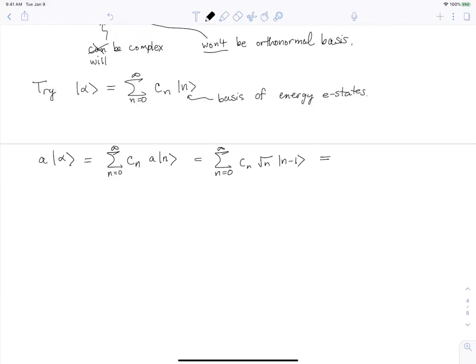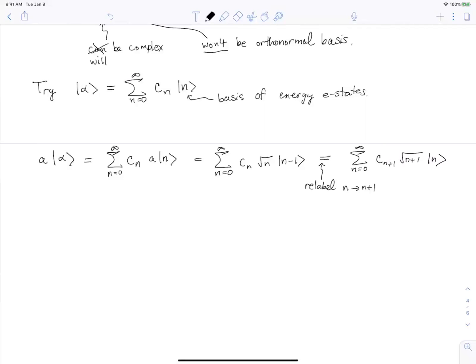Okay, and now we're going to do a trick where we're going to relabel n as n plus 1. So this is the sum from n equals 0 to infinity of C_{n+1} square root of n plus 1 times |n>.